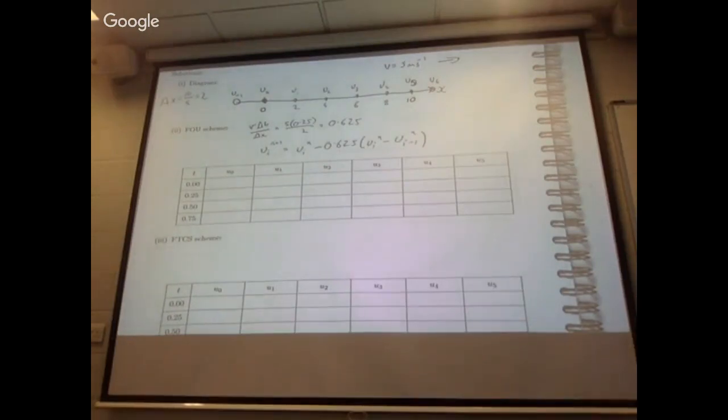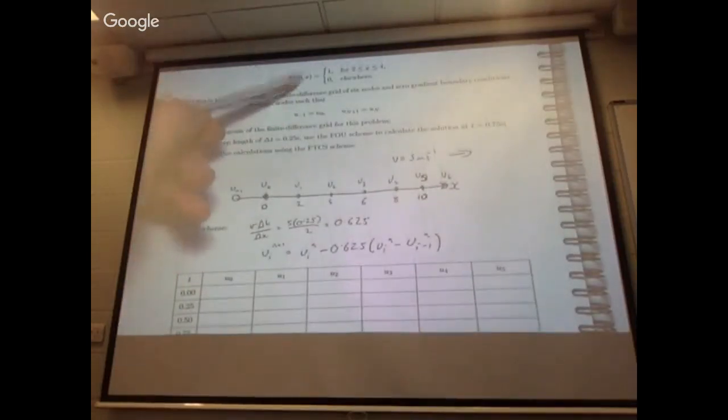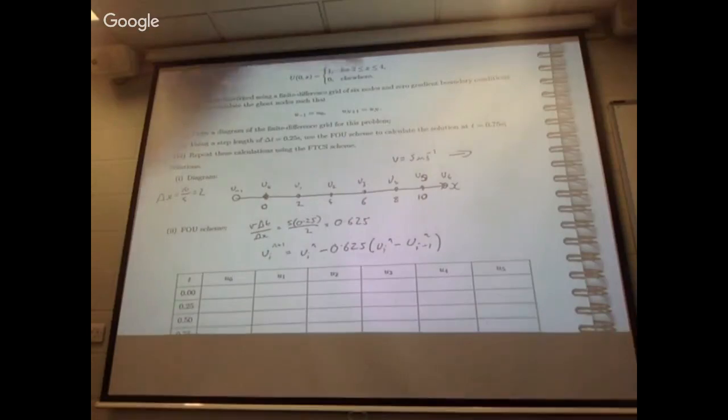Right, so we've got boundary conditions, we've got our PDE, we've got our velocity, we've got a time step. The next thing we need is initial conditions, and the initial conditions in this case are given by this statement up here. So when x is between 2 and 4, our initial value is 1, else it's 0 elsewhere.